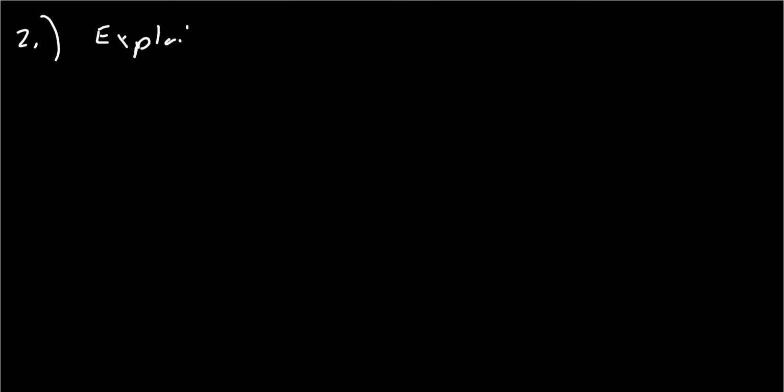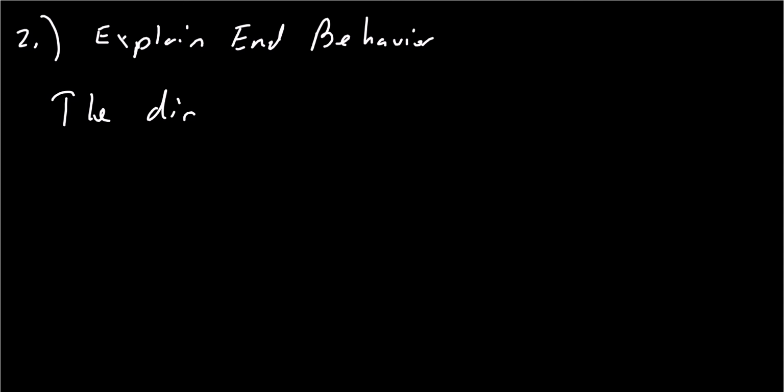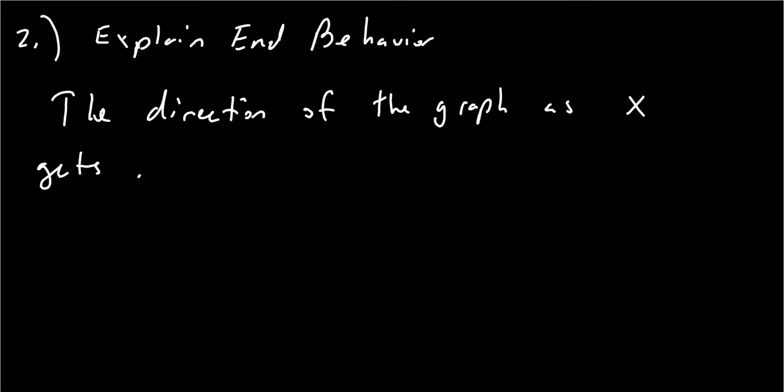Explain end behavior. So end behavior is the direction of the graph as x gets really big, moves to the right.